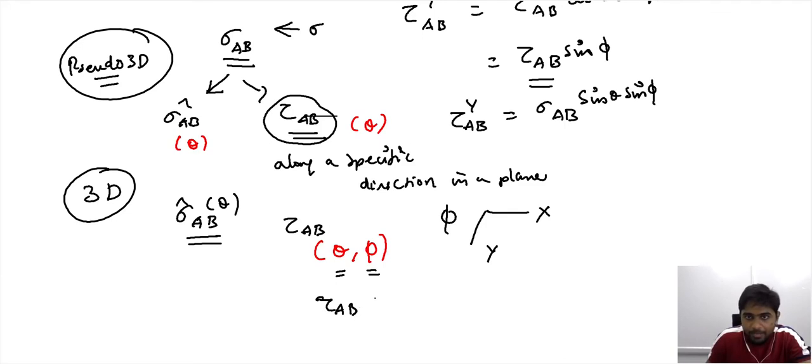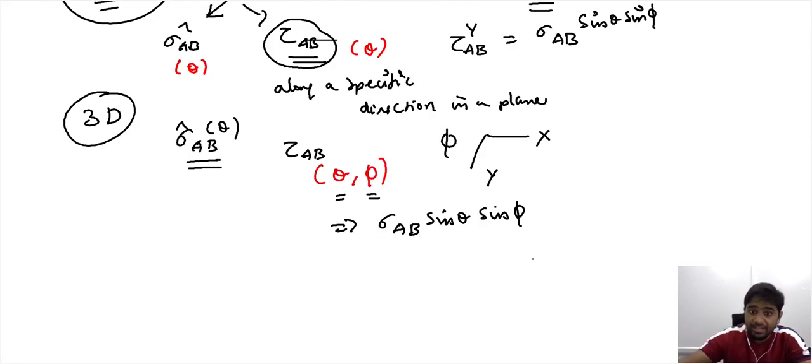One component of the shear stress would be sigma AB sine theta sine phi, and the other would be sigma AB sine theta cos phi.